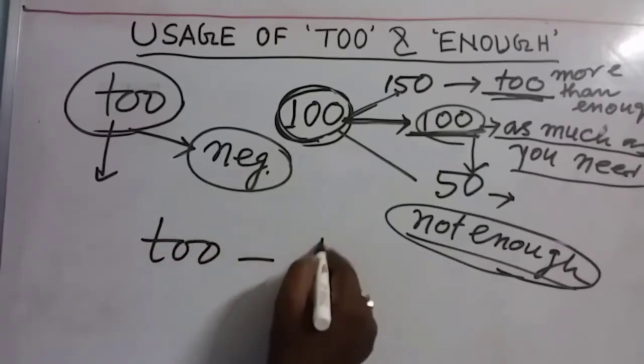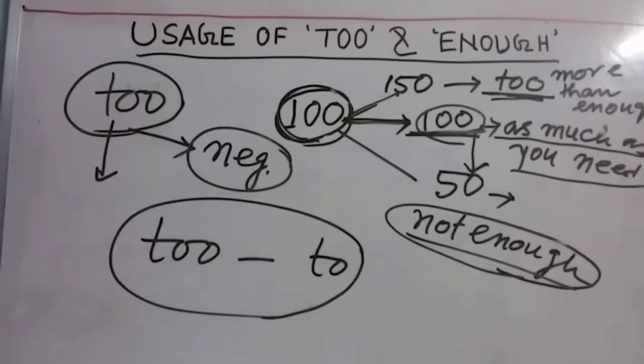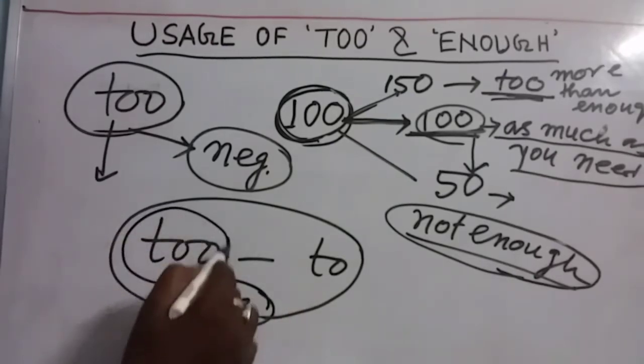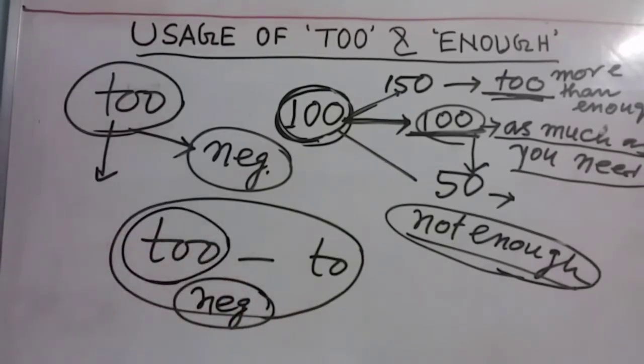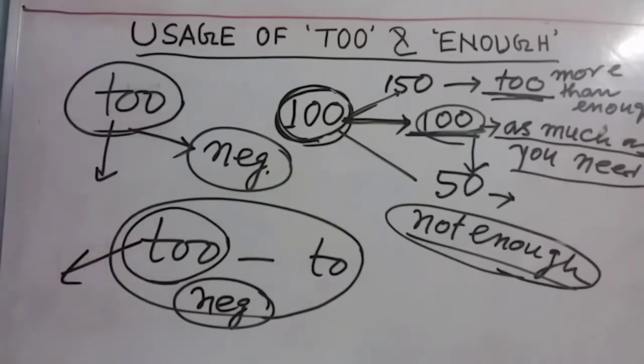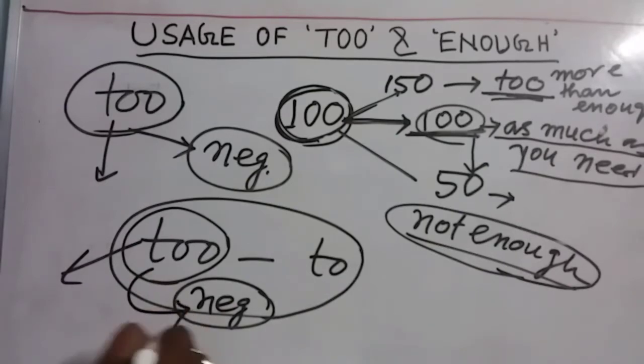That means T-O-O and too, this is the perfect structure. I'm just going to show you the examples. In a negative sentence, this term is used in formal English sentences. Sometimes in spoken English these words are used, but in formal English it is totally used in a negative sense.